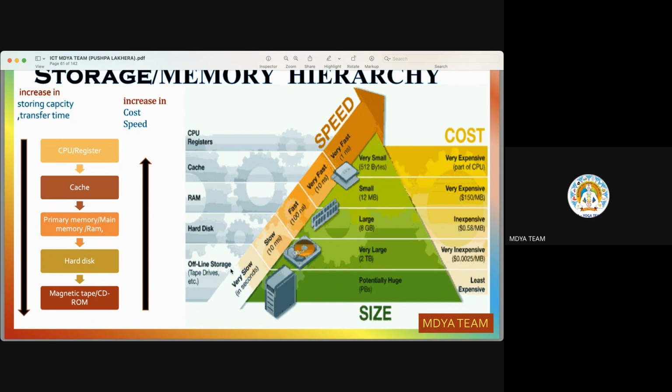This is used for offline storage like tape drives and so on. The second one is the hard disk, which is not very slow; it is somewhat faster than that device.